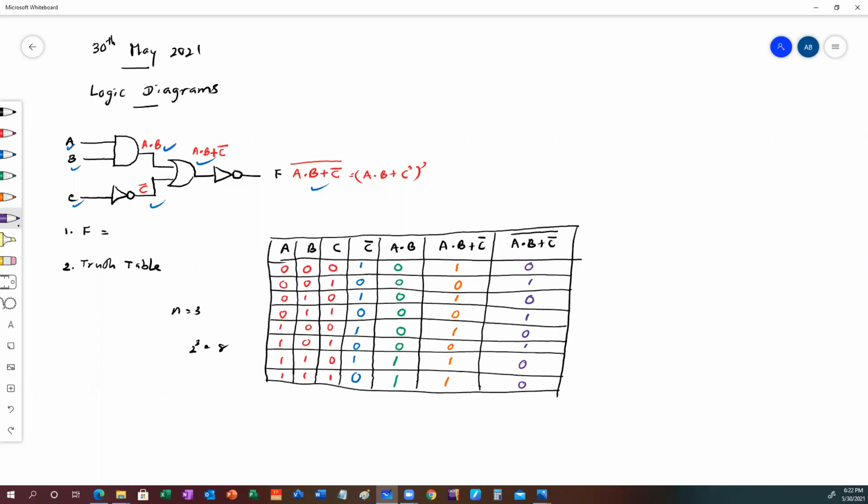Right. Okay, you have to write the expression and the truth table. Is it okay? Has anyone done it? It's okay. Right. You can make a note of this one. Have a note of this one.